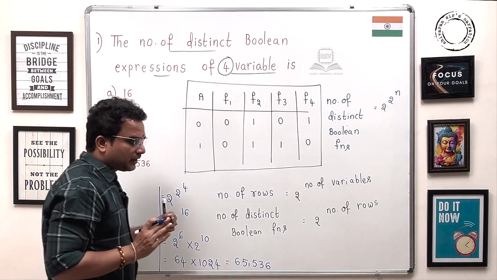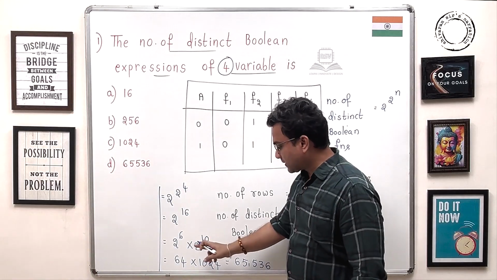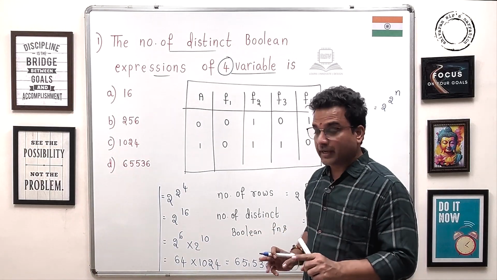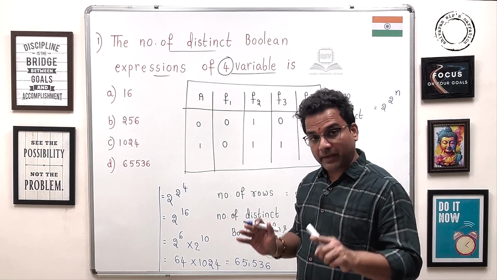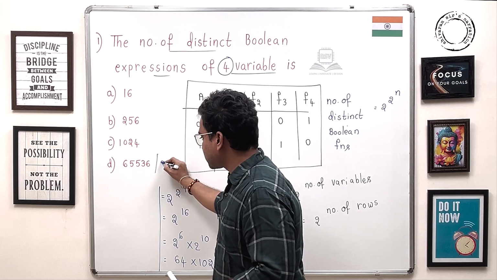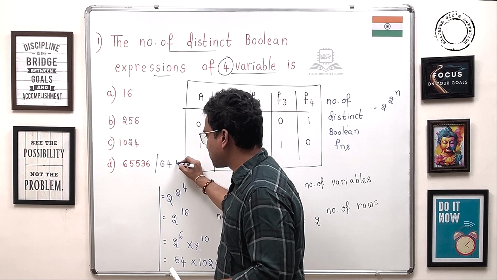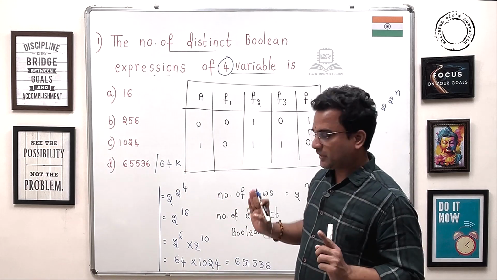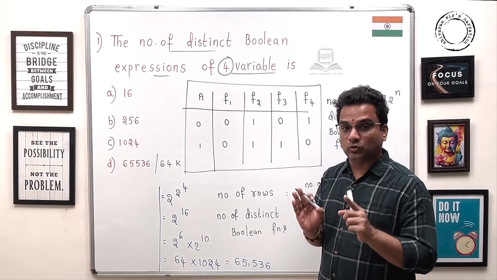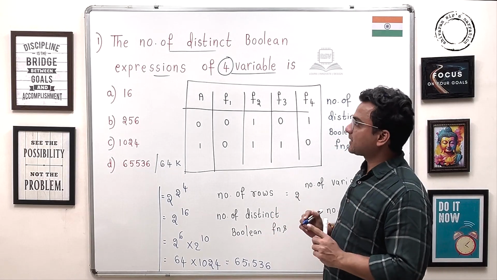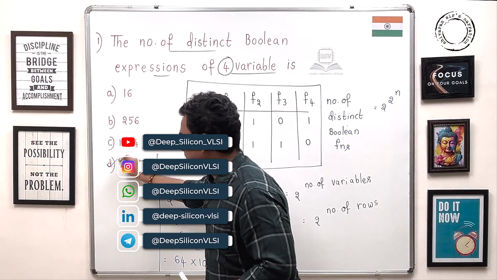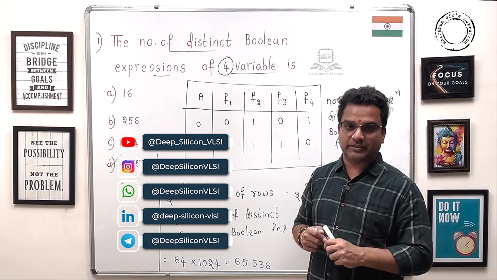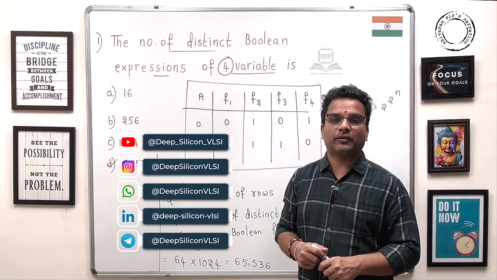Okay guys, even in our digital, here 1024 refers to K. Sometimes in the options, instead of 65,536, they might give 64K also. Both are the same. Here K refers to 1024, 2 power 10. Hence guys, for this particular question, the right answer is option D, 65,536 or 64K.